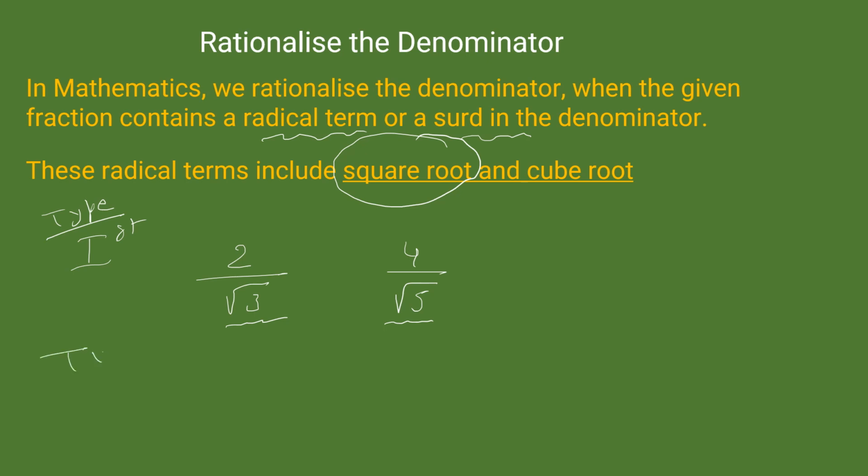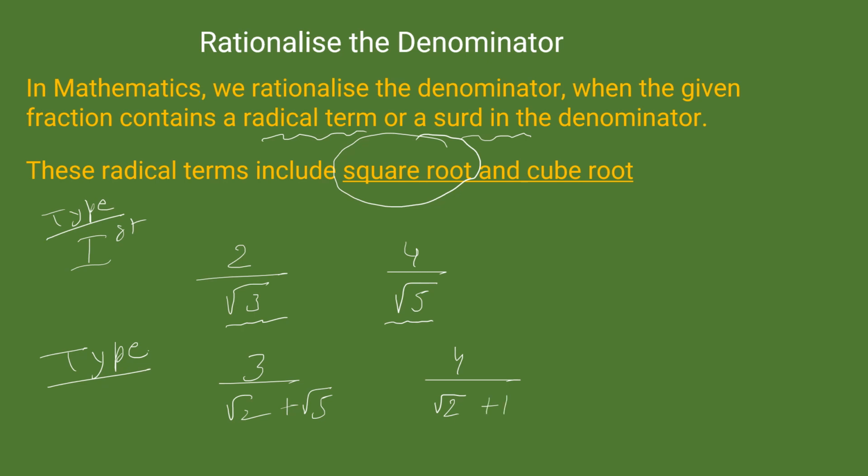In type 2, the denominators have more than one term, like 3 by root 2 plus root 5. Here we can see the denominator contains two irrational numbers, or it may be that the denominator contains one irrational and another rational number.